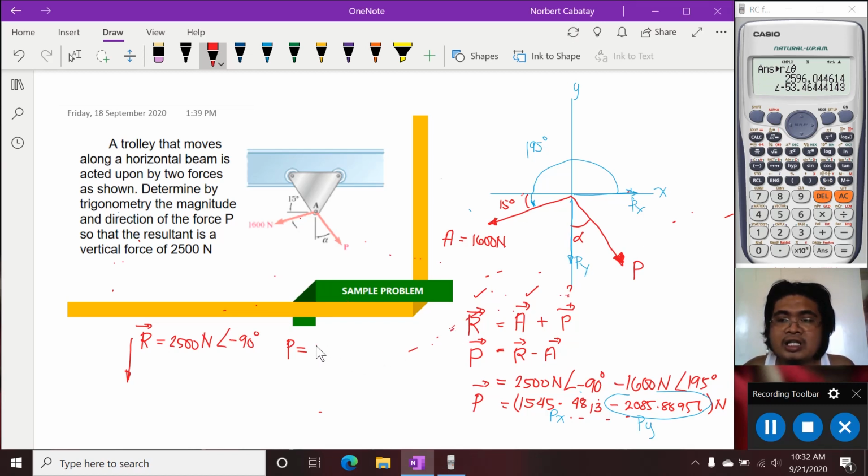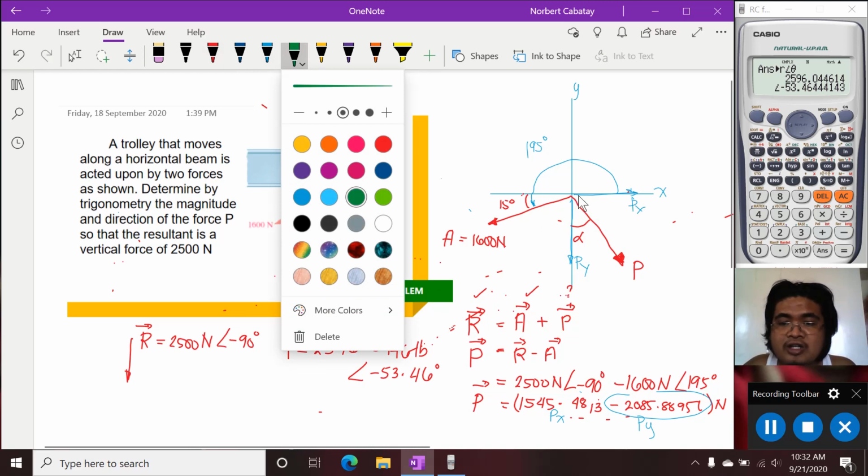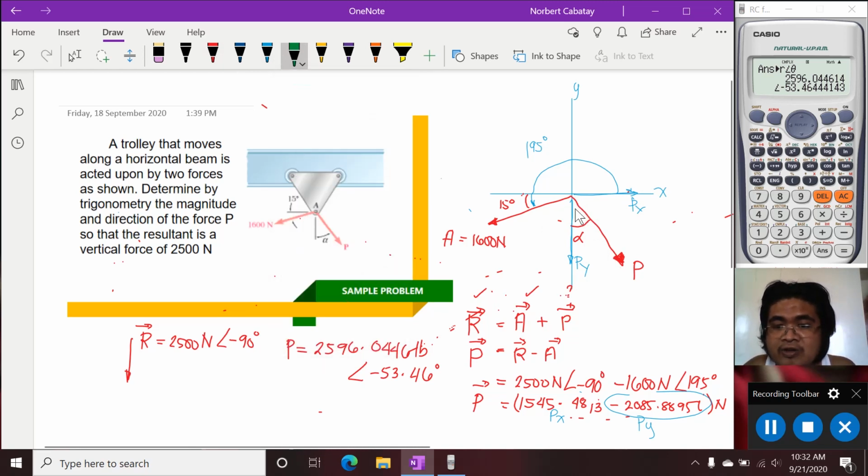So we get 1,596.0446 at angle negative 53.46, in newtons. So the value of P is 1,596 newtons, and the angle, since everything is referred to the x-axis, is this, 53.46 degrees.